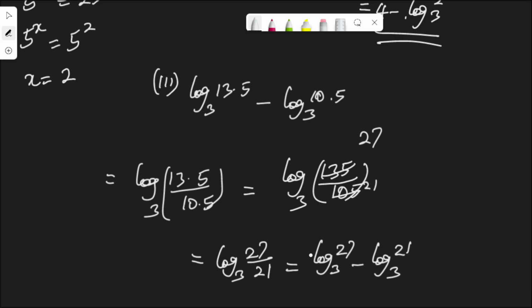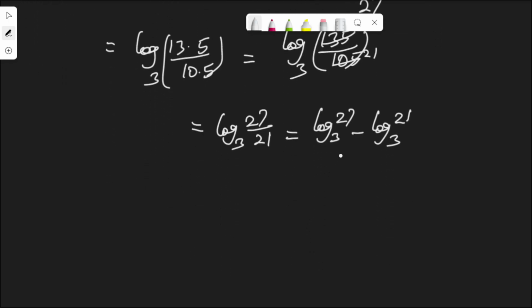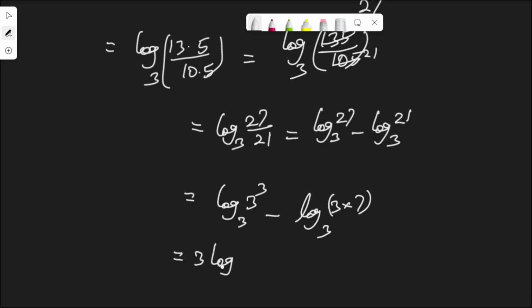So log 27 to base 3 can be written as log 3 to the power of 3 to base 3 minus, again, 21 can be written as 3 times 7, to base 3. And this can be written as 3 log 3 to base 3, then minus log 3 to base 3 plus log 7 to base 3. What did I do there?